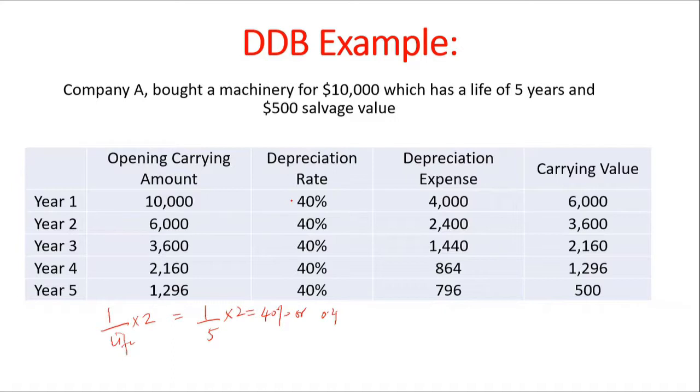Using the depreciation rate and the opening carrying amount, we calculated the depreciation expense already. We just need to make journal entries for the depreciation expense. The whole idea of this video is to show you how to make a depreciation expense entry. If you would like to know how to calculate depreciation expense, please refer to my previous video on depreciation.